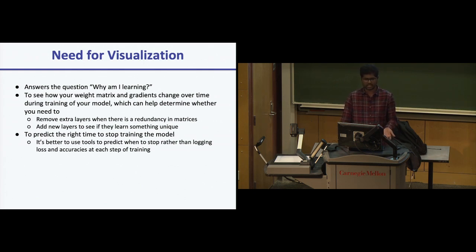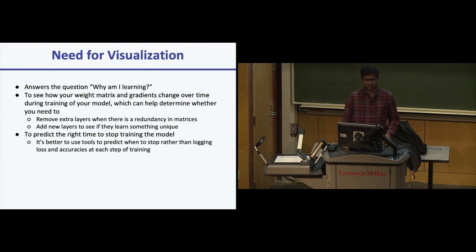And also looking at the gradients, the way the gradients change over time will help you analyze your model and say, do you want to add more layers or do you want to remove some layers? Like if the plot of the gradients does not change over time, the mean is at the same position, and you're pretty much looking at the gradient in the same way throughout the whole time you're training your model, then you would want to maybe reduce the number of layers on your model.